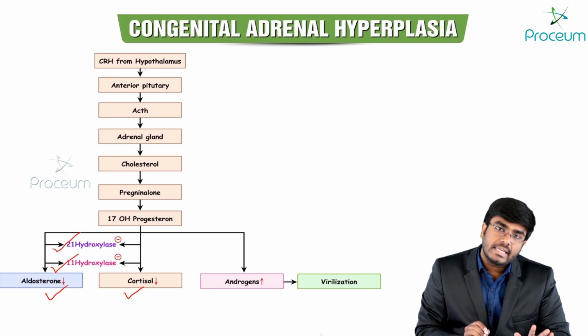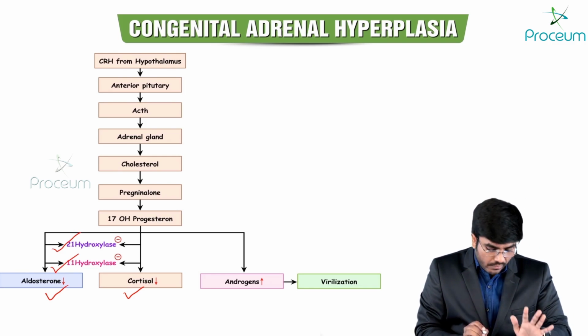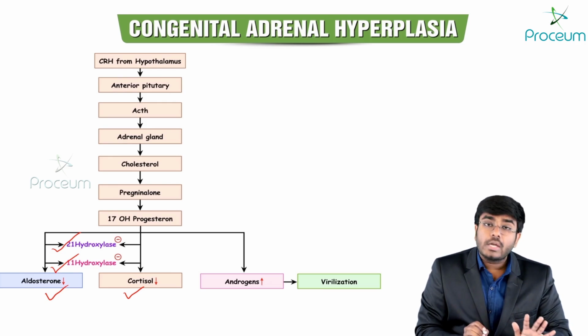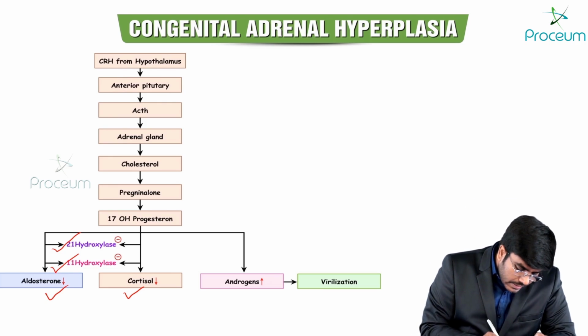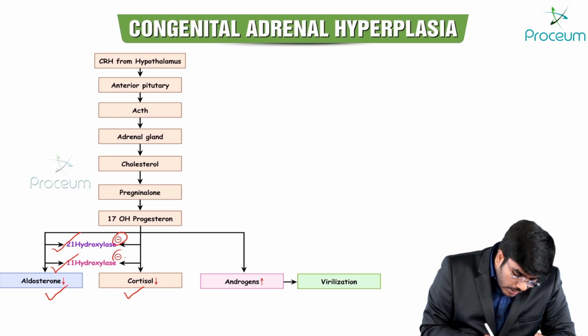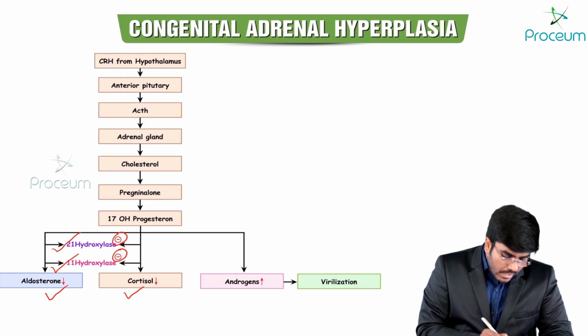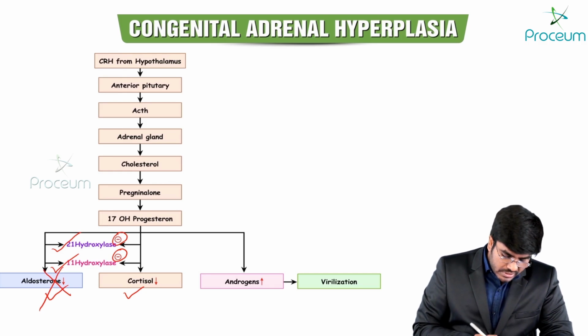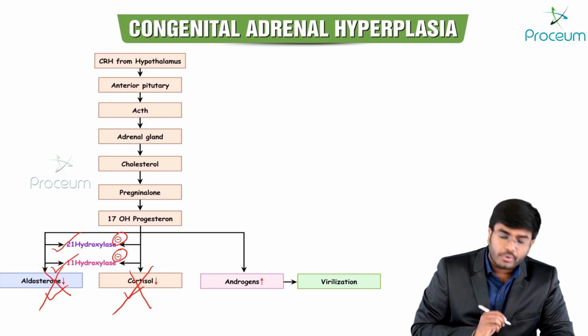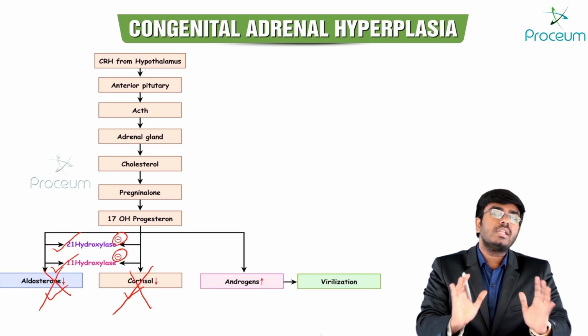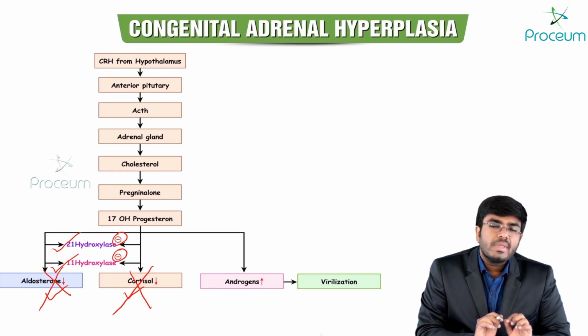These two enzymes are needed for the production of aldosterone and cortisol. Whenever these enzymes are not present in congenital adrenal hyperplasia, aldosterone cannot be produced and cortisol cannot be produced. So cortisol is not there. That's the main important thing.